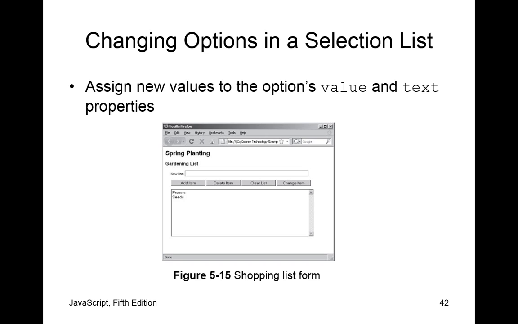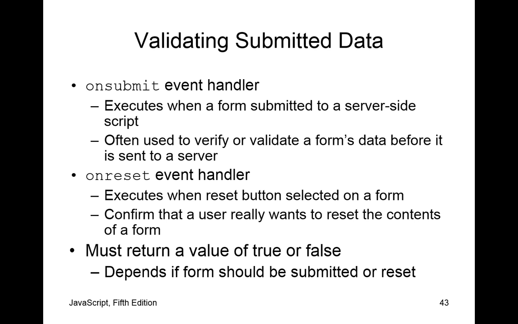I could click pruners and then hit delete item, and then it would delete it because it goes and searches for that option and then deletes it. That's all it is. And if I add it, then you start seeing how you can make a more dynamic page by doing this. More fluid anyway, not quite dynamic.